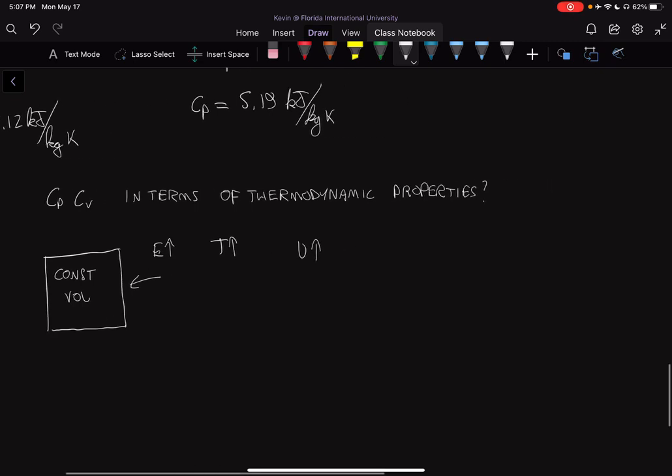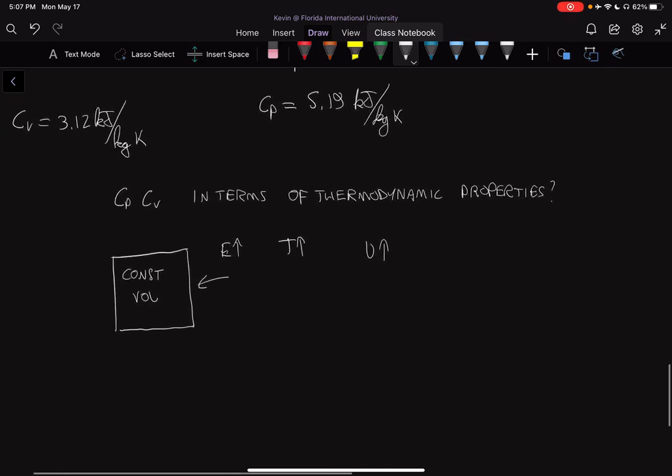So Cv, from its definition, can be defined as du over dT, with a little v at the bottom to show that it's at constant volume.